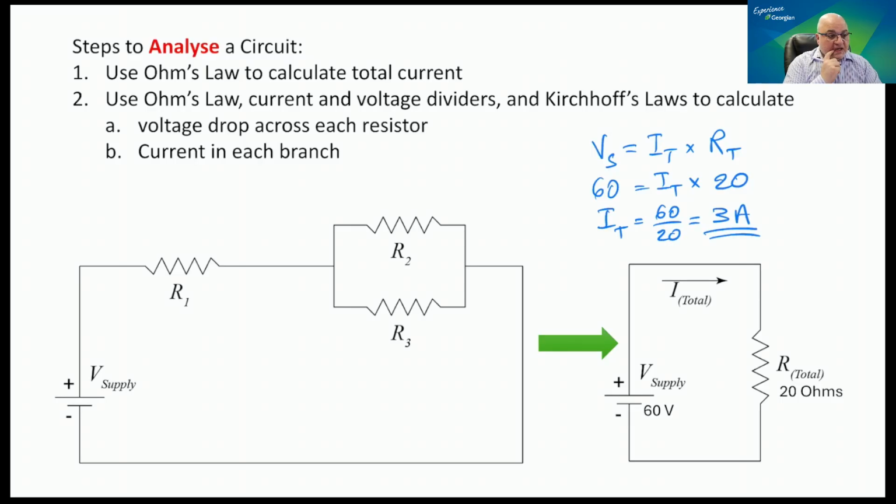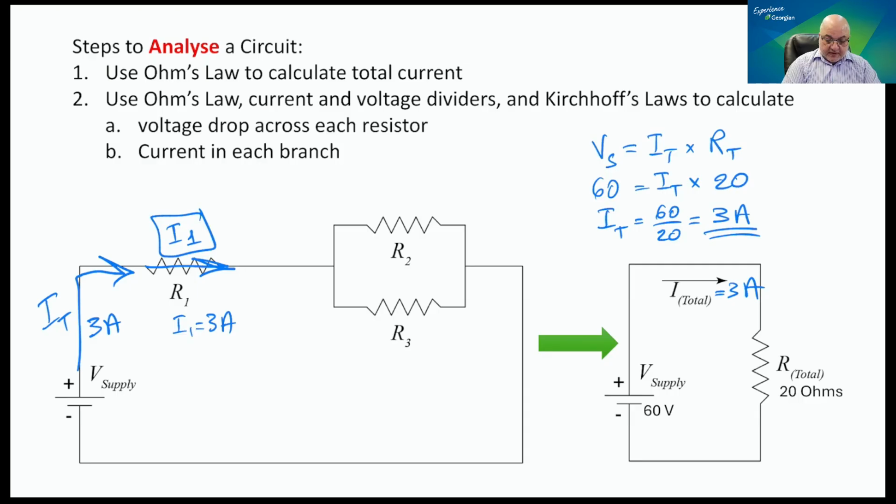There you go. Now you know that the current passing through here is equal to 3 amps. Coincidentally, this I total here is also the same as I1. So you can literally say I1 equals 3 amps.